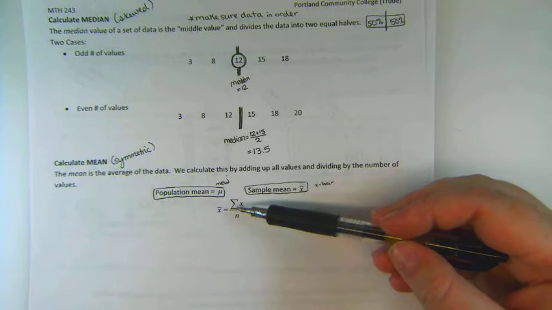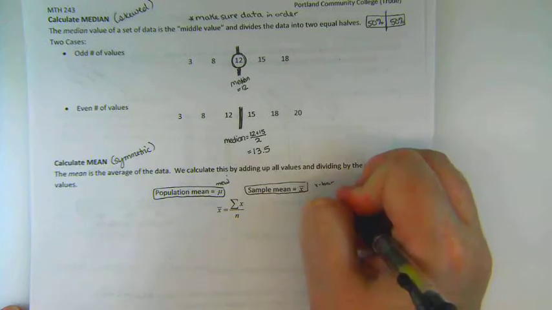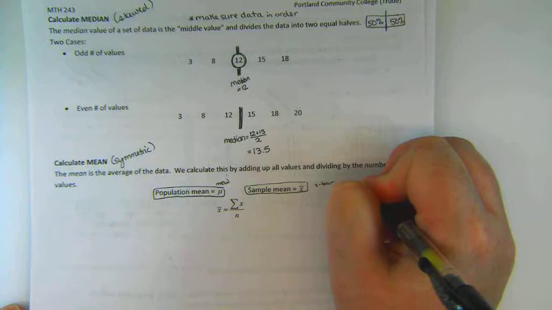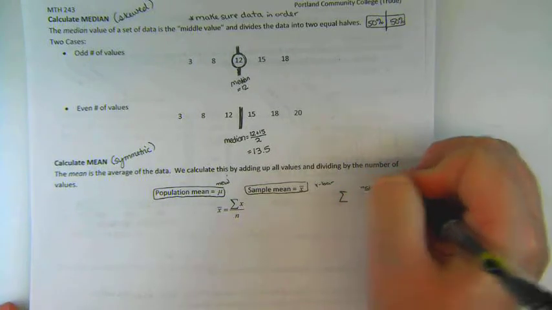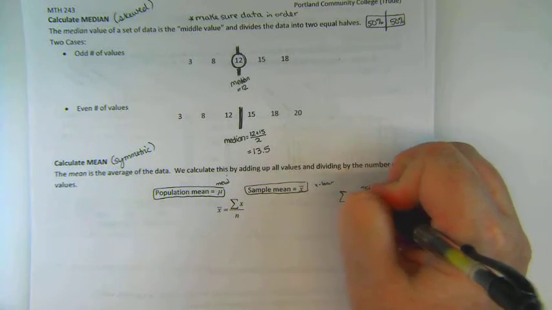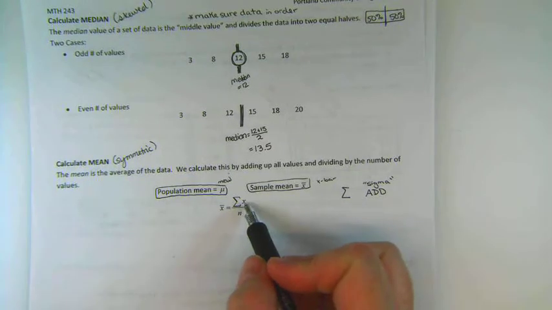So, the formula. What we can see is there's this big Greek symbol, and that symbol there is sigma. And what sigma tells us to do in mathematics is it just tells us to add. It's a summation symbol saying we're going to add things together. Whatever's next to it, that's telling us what we want to add together.